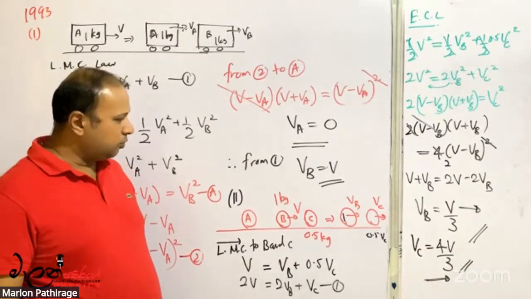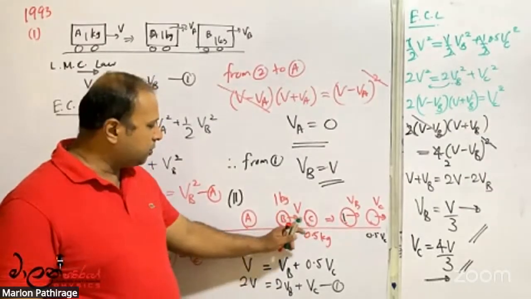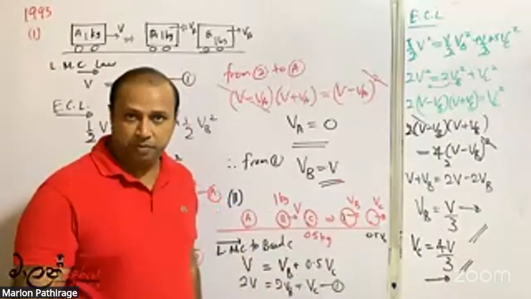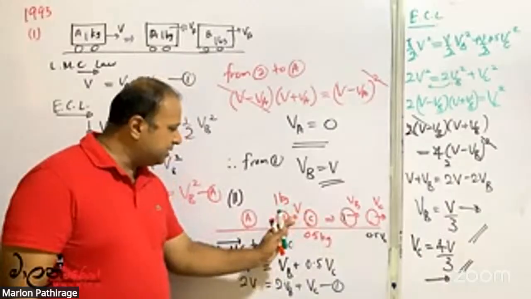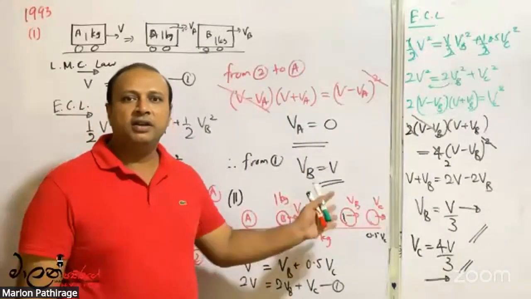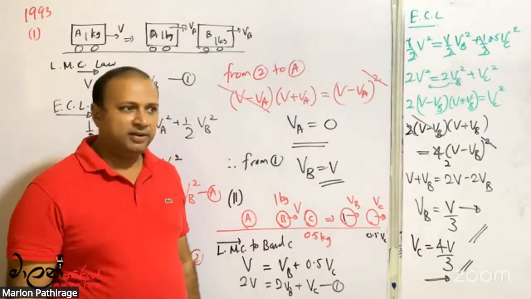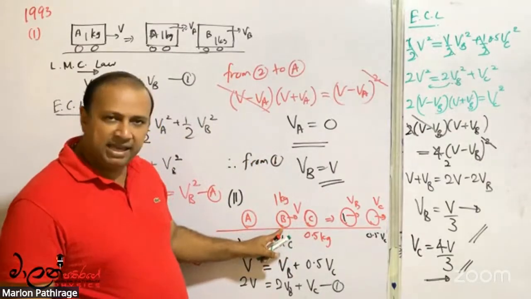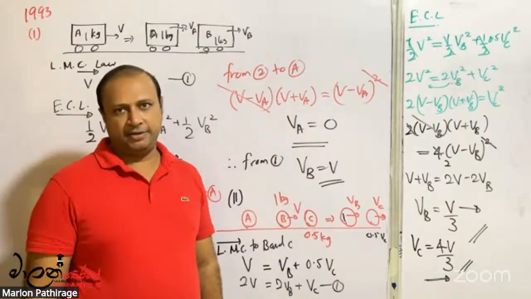Because after the collision with B, C will start to move at a higher speed than B. That means C will move faster than B. Therefore, B and C will never collide again, as v_C is higher than v_B.